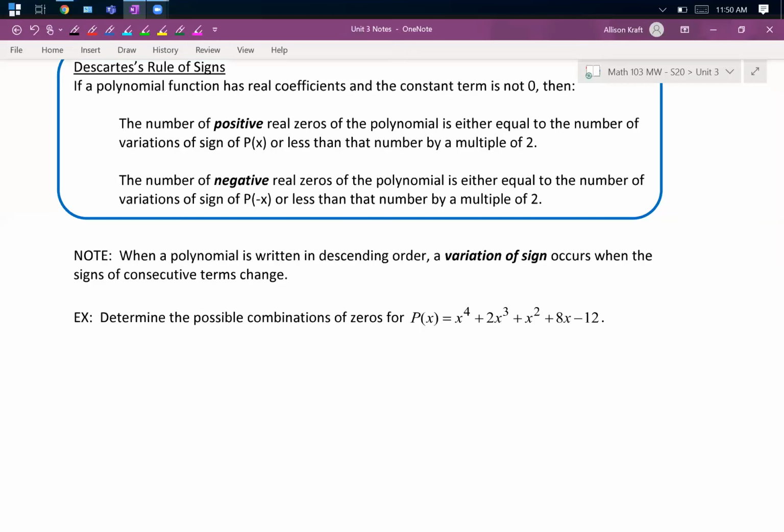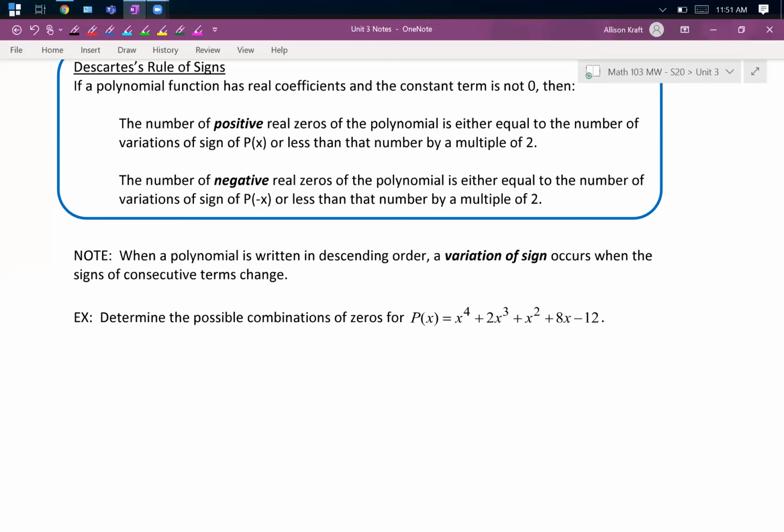So the number of positive real zeros is either equal to the number of sign variations. And that just means how many times it turns from plus to minus or minus to plus. It's either equal to that or less than that by a multiple of 2. And for the negative real zeros, we're going to look at the number of sign variations that happens in P of negative x.